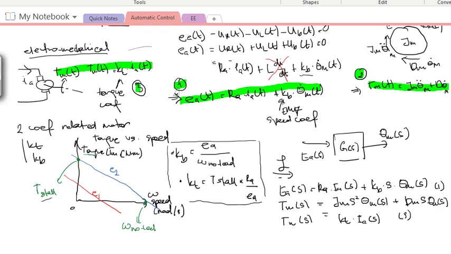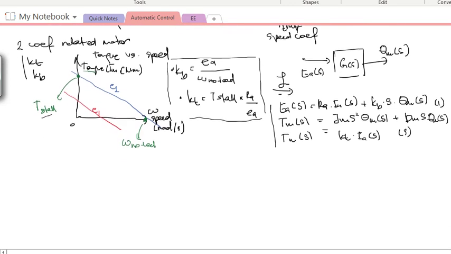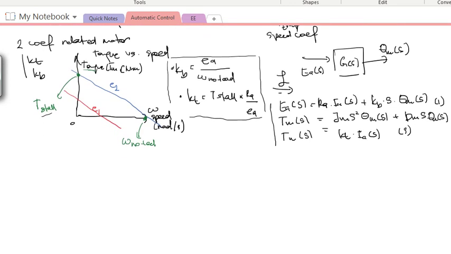In these three equations, we need to use all of them in order to find the relation between EA and theta MS. If you look at the first equation, we have several unknowns. EAS is the unknown that we want, and theta MS is also an unknown we want in the transfer function.